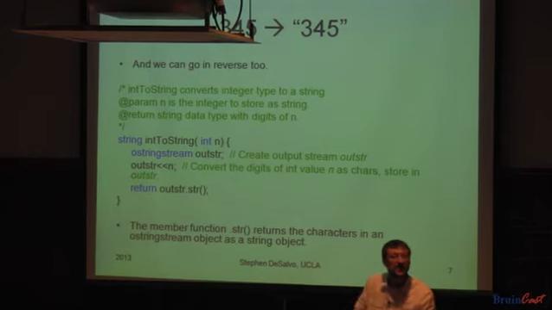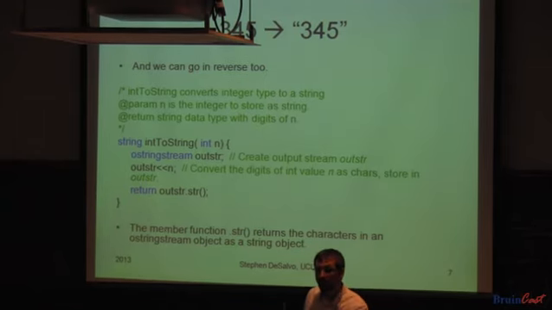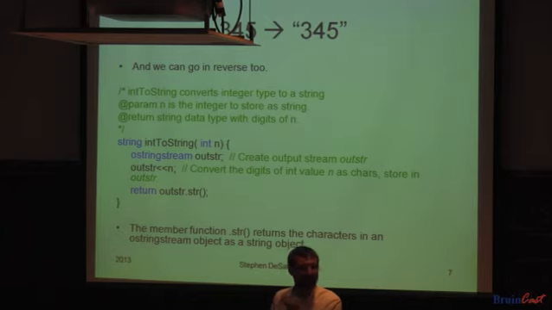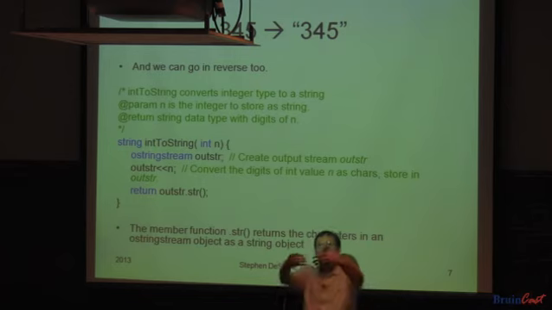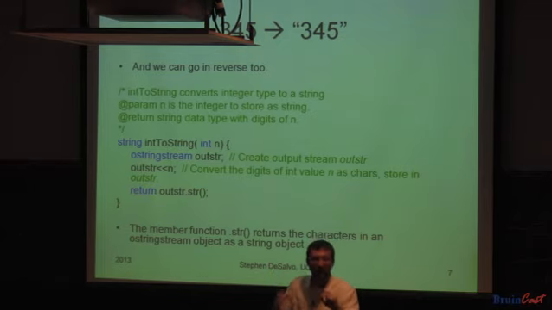Exactly the same way that cout does it. When you call cout on an int variable a, which has value 5, 5 is not stored as a string. 5 is stored as a bunch of zeros and ones somewhere. But the cout converts that sequence of zeros and ones into a set of characters, and in that particular case it would be a 5. So here it's the exact same thing.